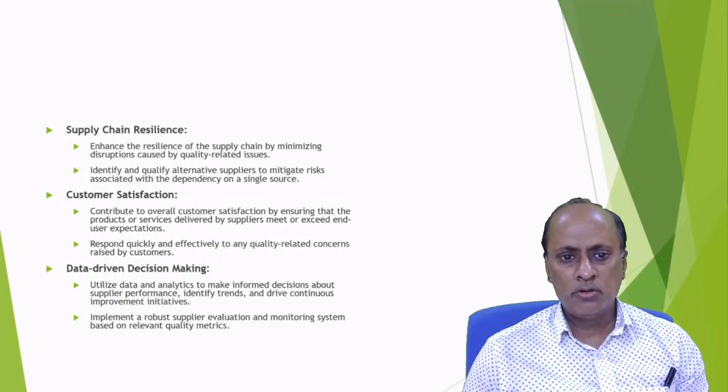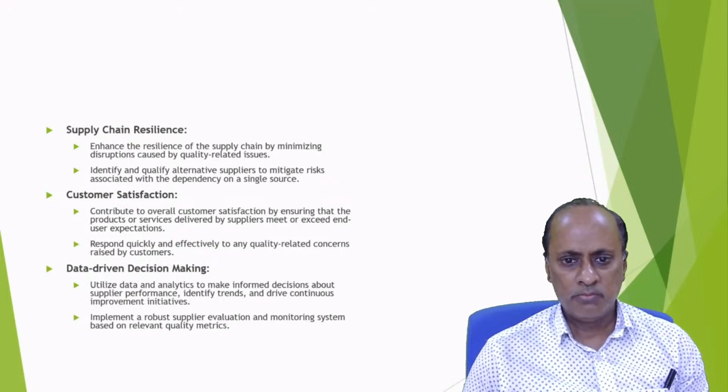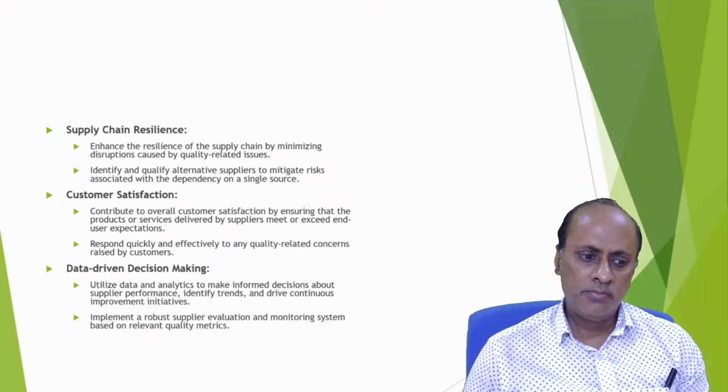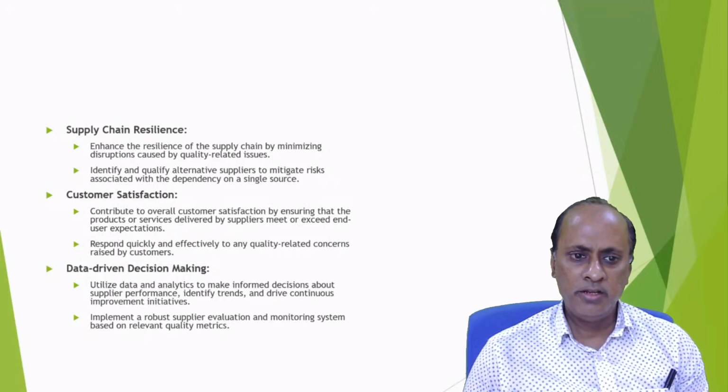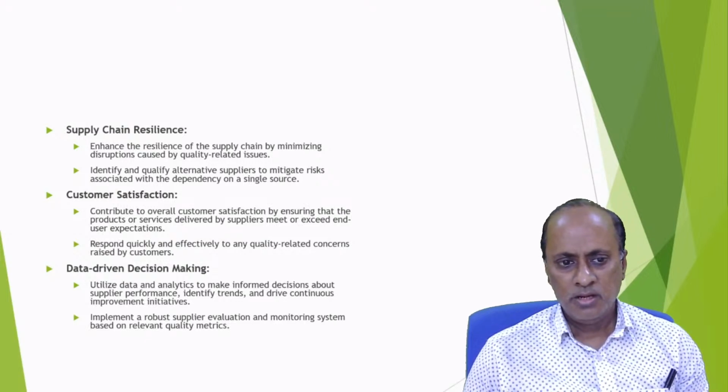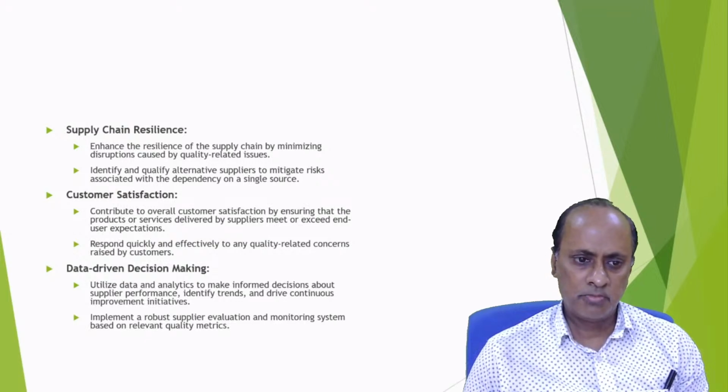Then contribute to overall customer satisfaction by ensuring that the products or services delivered by the supplier meet or exceed the end user's expectations, and respond quickly and effectively to any quality related concerns raised by the customers.